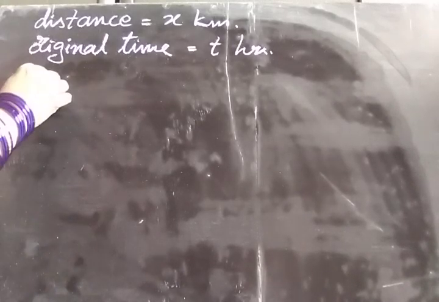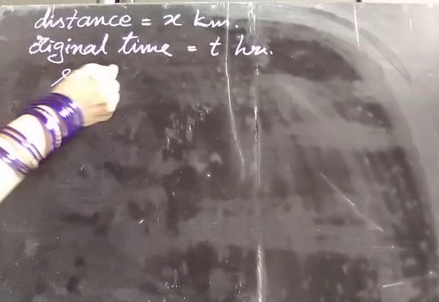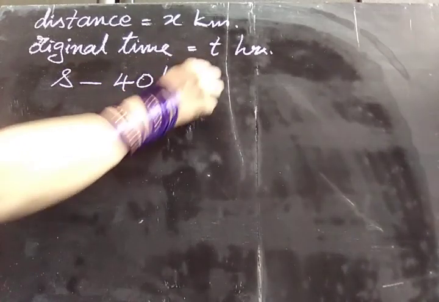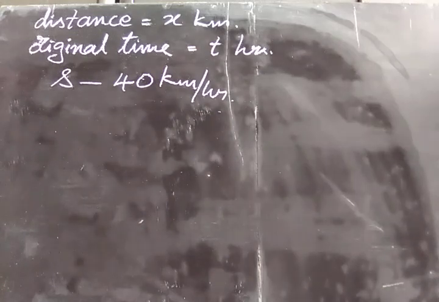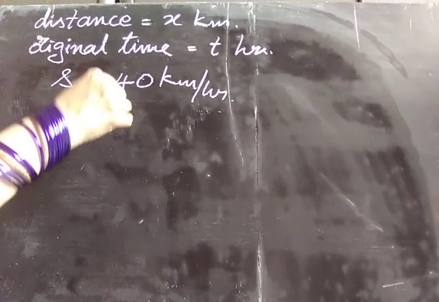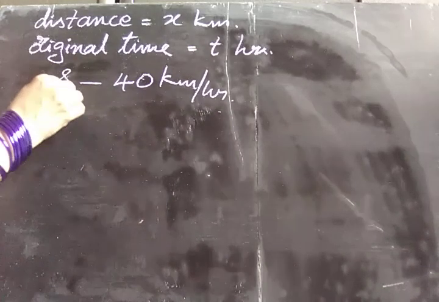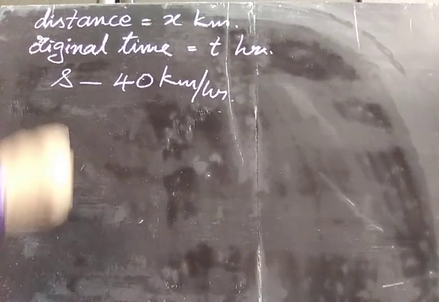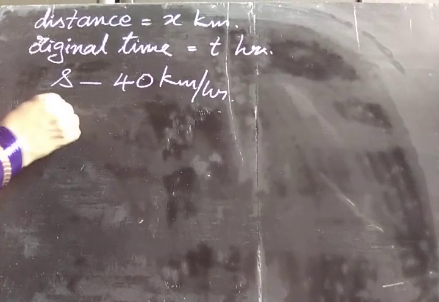If he is going at 40 km/h, then it will be 11 minutes late. So, time is equal to distance by speed.